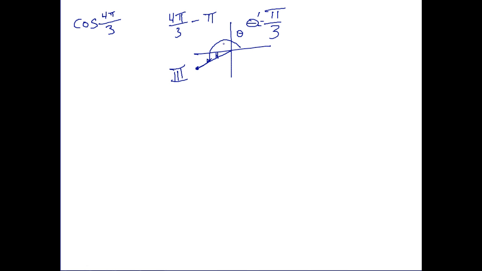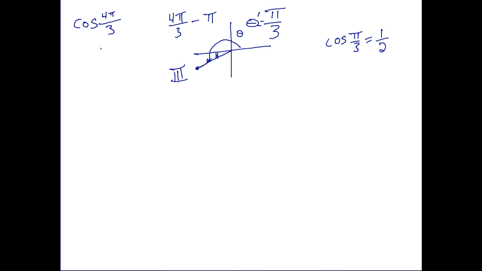And so what is cosine of pi over 3? Cosine of pi over 3 is 1/2. So let's write over here, cosine pi over 3 is equal to 1/2.